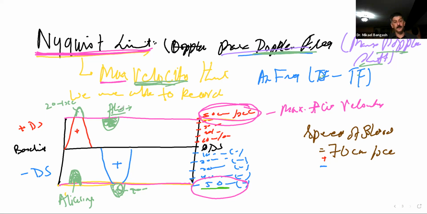And this will be your aliasing, which gives us the false impression that we have both negative and positive Doppler shift. Likewise here, it gives us the false impression that we have both positive and negative Doppler shift.